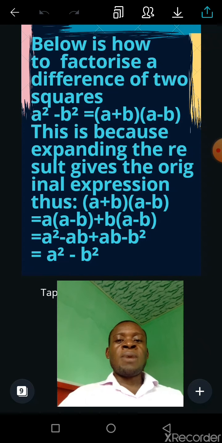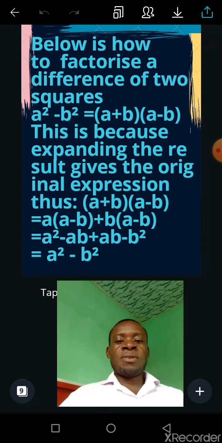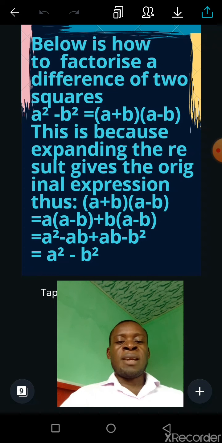This is because expanding the result gives the original expression. Thus, bracket open a plus b bracket close, bracket open a minus b bracket close. Then what you do here is you bring out the first term in the first bracket and multiply it by all the terms in the second bracket, and later bring out the second term in the first bracket and multiply by all the terms in the second bracket.